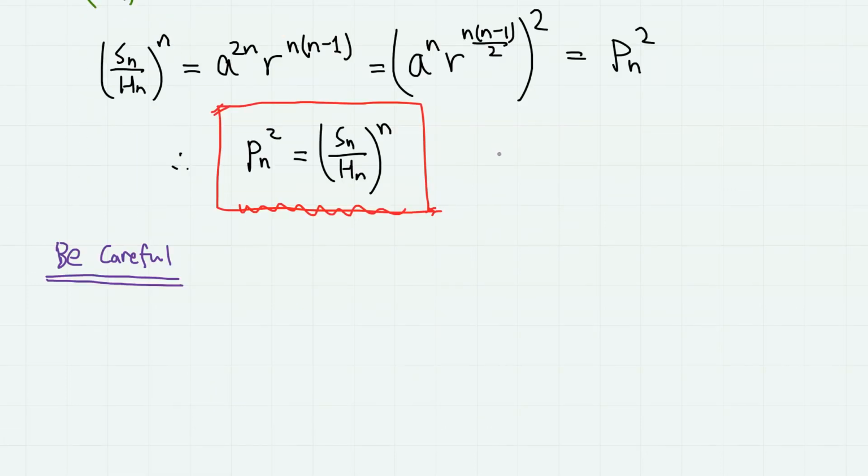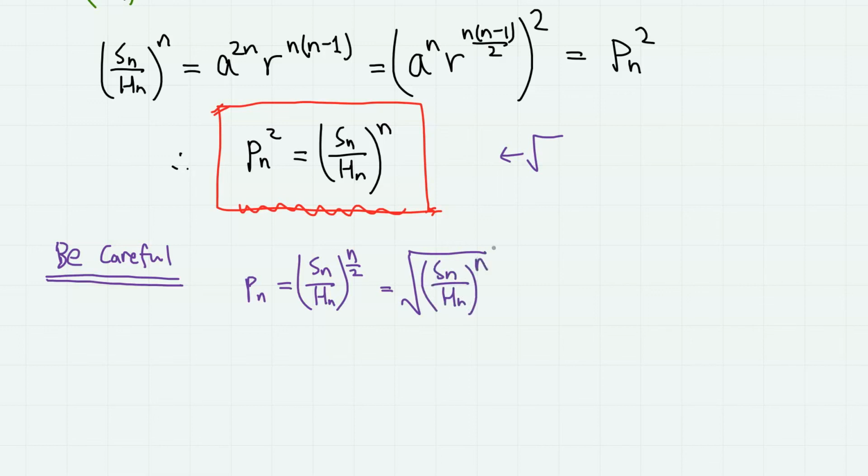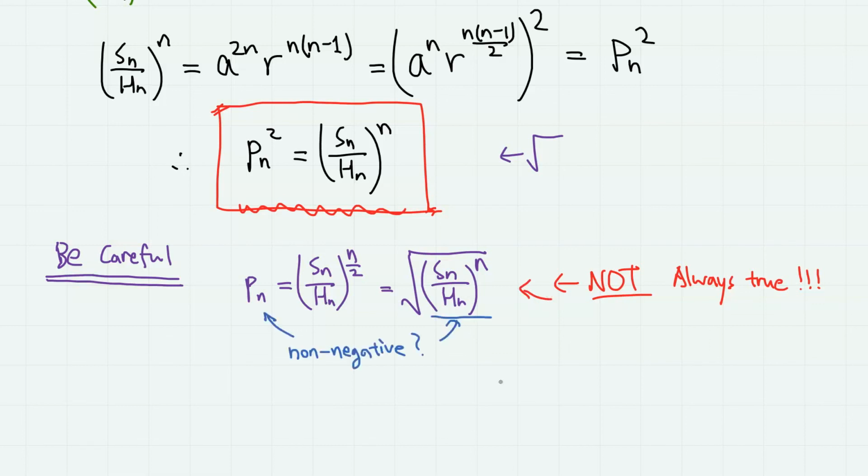Now, some of you might want to take the square root of this expression to write Pn equals Sn over Hn to the power of n over 2, which is equivalent to the square root of Sn over Hn to the power of n. But this is not always true, because if you want to write like this, then it must be guaranteed that both Pn and Sn over Hn to the power of n are non-negative.